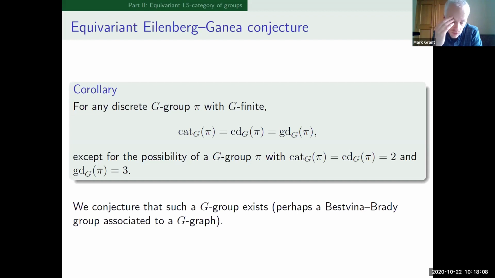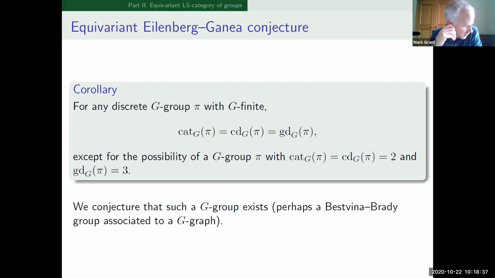Now, non-equivariantly, you know that one of these two conjectures is false. The Whitehead conjecture says that a subcomplex of an aspherical 2 complex is aspherical. And Bestvina-Brady showed that you can't have both. So they produce something which is a counterexample to either Eilenberg-Ganea or Whitehead.